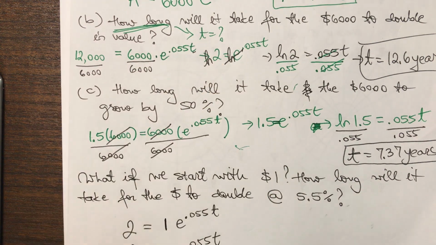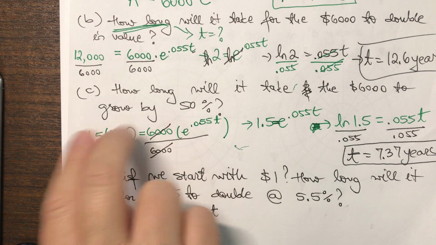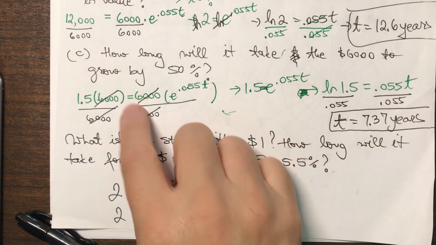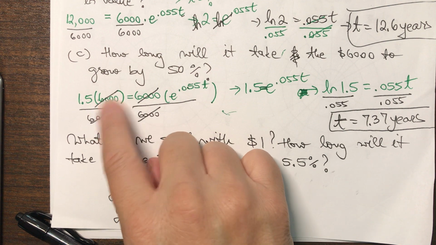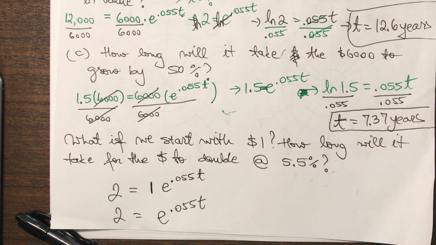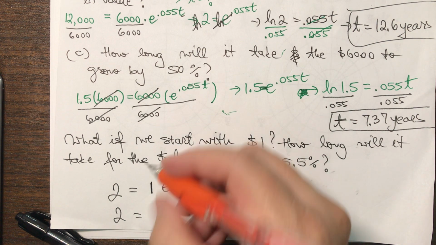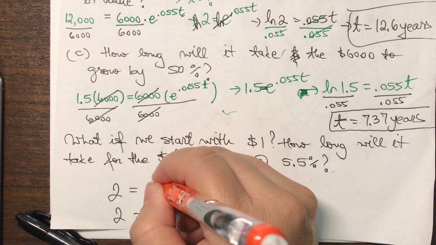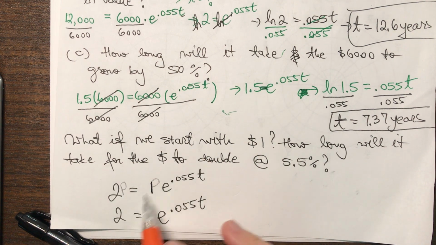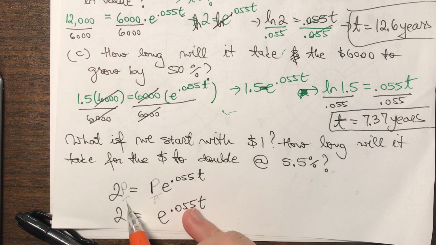Doubling it, well, twice as much. Growing by 50%, well, 1.5 as much of what you started. You don't even have to multiply because you'll be dividing it right back out. So the point is, whether it's $1 or $6,000 or any principal amount of money, P, as soon as you start solving it, the first thing you do is divide that P out.